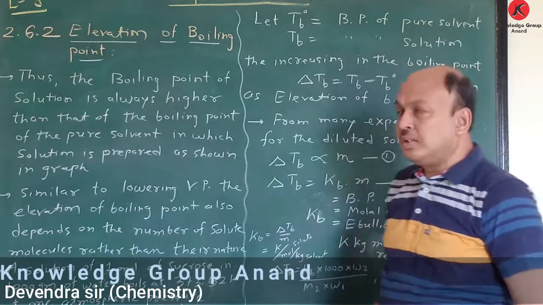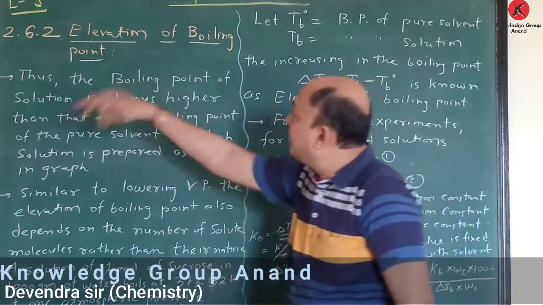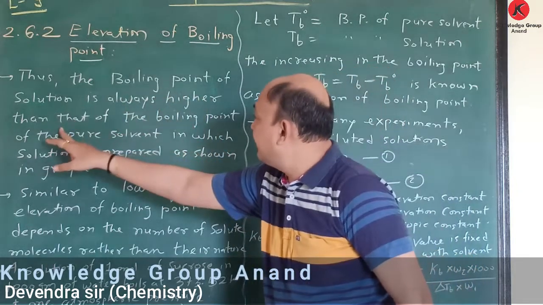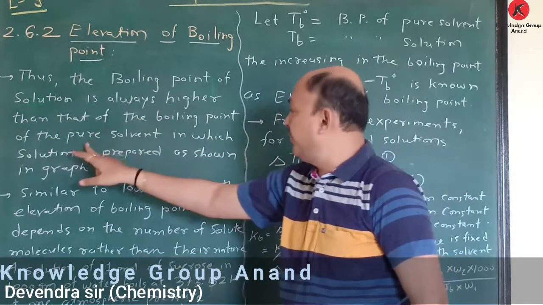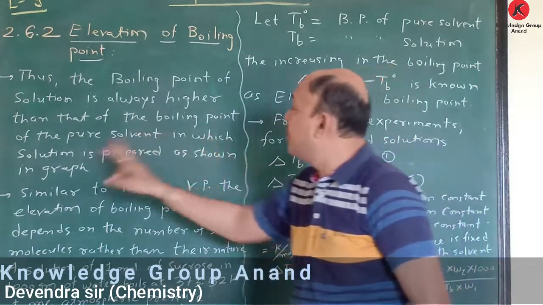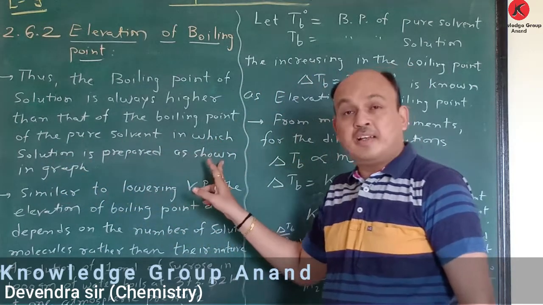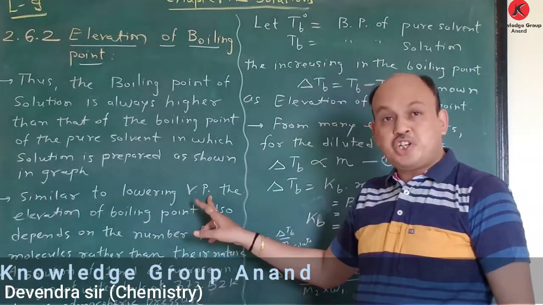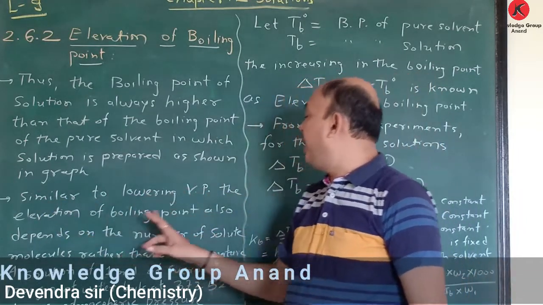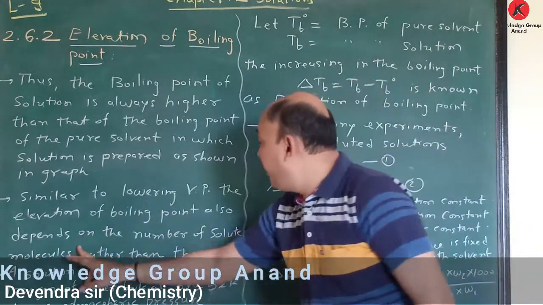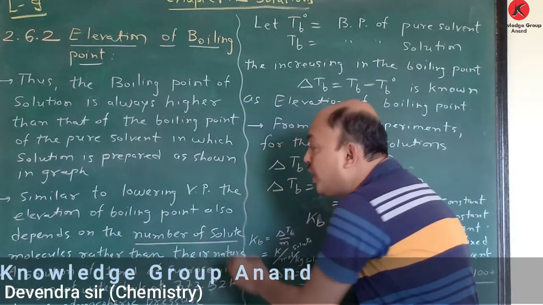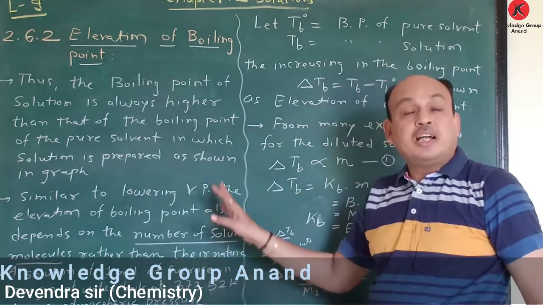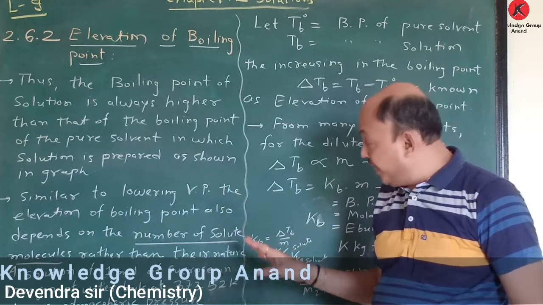Now from the graph, draw attention to the graph, because the boiling point of a solution is always higher than that of the pure solvent in which the solution is prepared, which is shown in the graph. Similar to lowering of vapor pressure, the elevation of boiling point also depends on the number of solute molecules rather than their nature, and that you already learned in colligative properties.